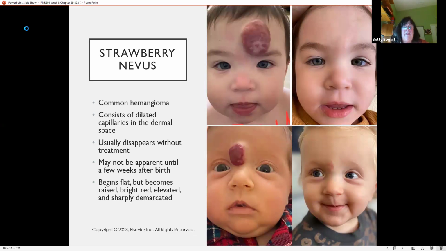Strawberry nevus, having one on the face is really uncomfortable for parents. They've got a beautiful child and they think they're ugly because of these things. They can be taken care of. There's all sorts of creams, lotions, hormones, and stuff that we put on. They don't need to be surgically removed, okay?